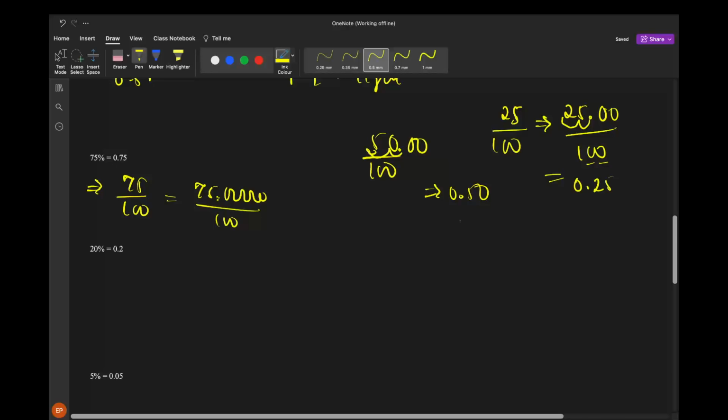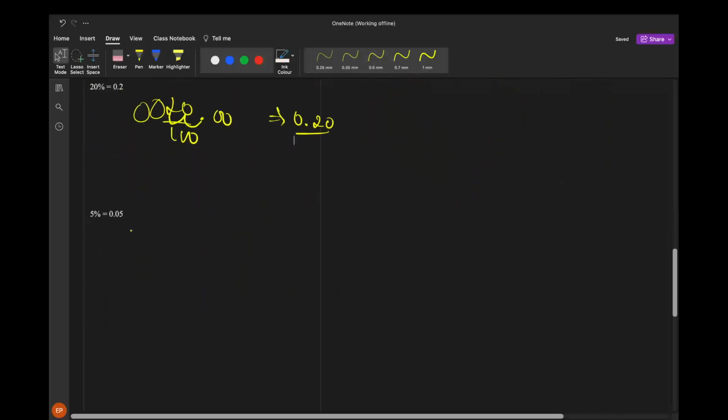Divided by means left side, 1, 2. So it gives 0.75, right? Here you can see 20%, 20 by 100. 20 can be written as 20.00, or you can write any number of zeros also, because it won't change, right? That's why 1 place, 2 places, which gives 0.20. That's it.